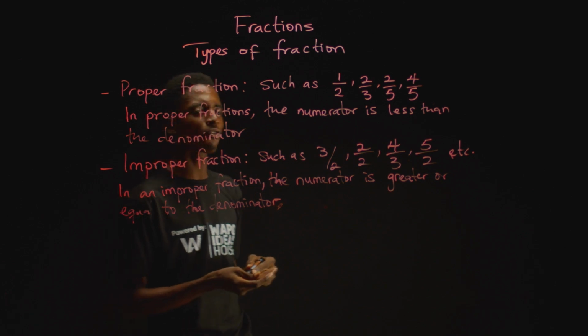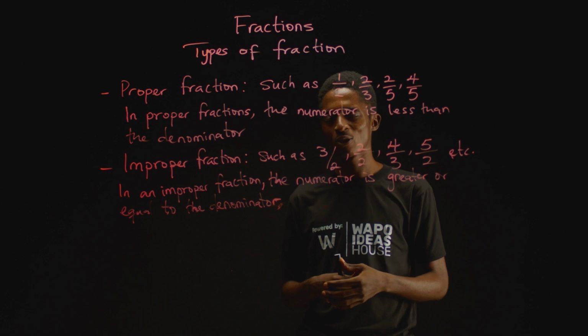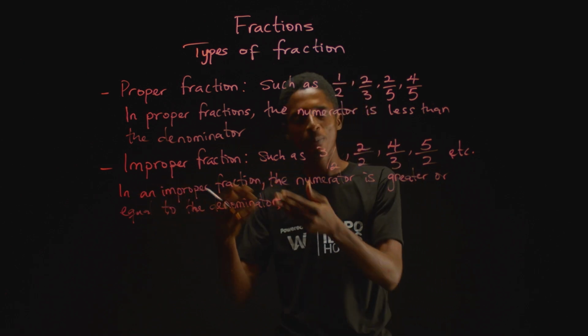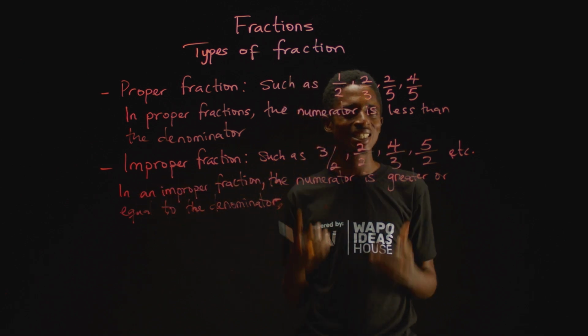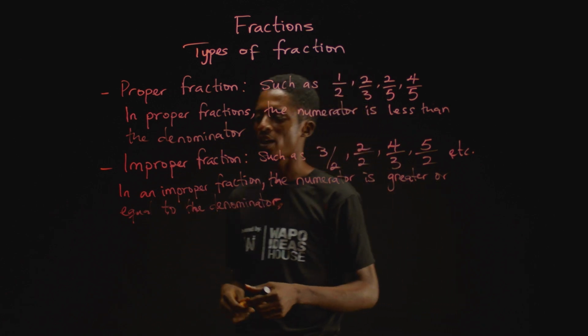So that is, whenever you find a fraction such that the numerator is greater than the denominator, you know that it is an improper fraction. Or if it is the same as the denominator, then it is still the improper fraction.